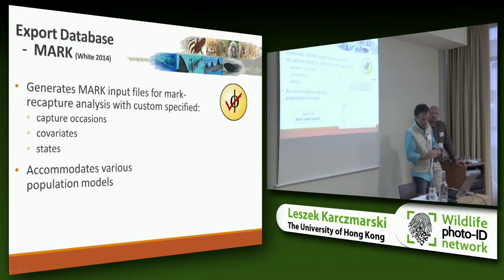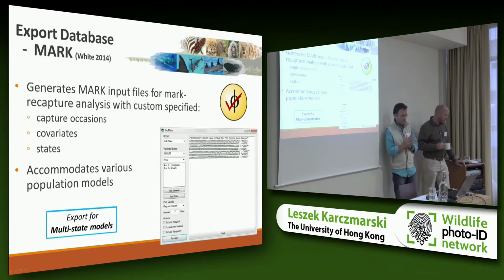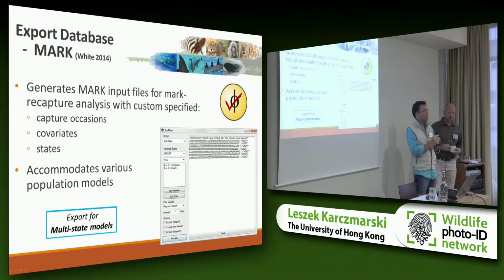Well, it can be generated very quickly with Discovery, and it can also be customized to how you want to do it. You can decide what your capture occasion will be: every encounter, or you pool your encounters and decide what your capture occasions are. You include your covariates.